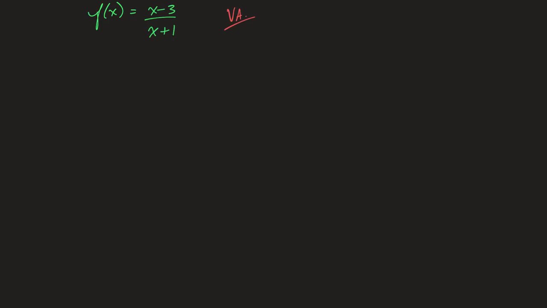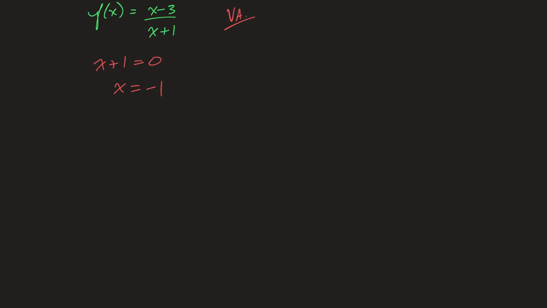We should be able to read from the green where my vertical asymptote exists, because I can see that fraction is fully simplified, and so whatever value makes my denominator equal to 0 is the location of my asymptote.